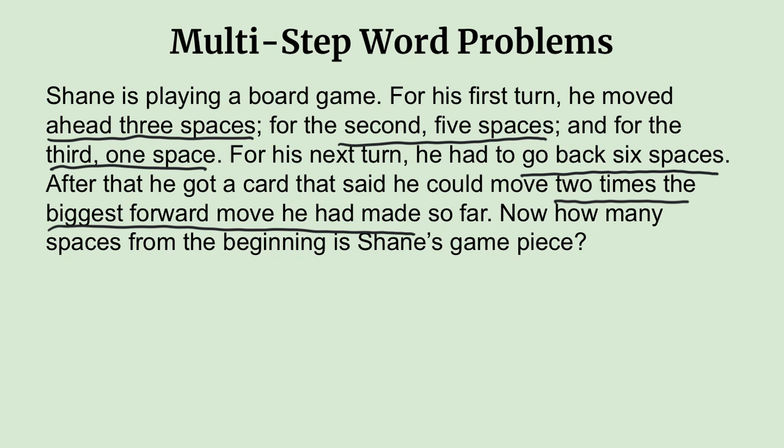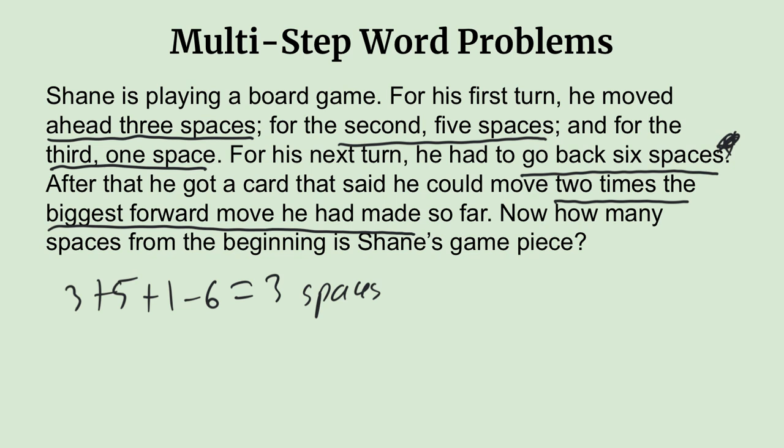So we know he moved ahead 3 plus 5 plus 1 minus 6, which would be 8, 9. So he has 3 spaces at this point here. Then he could move forward 2 times the biggest forward move he had made so far.